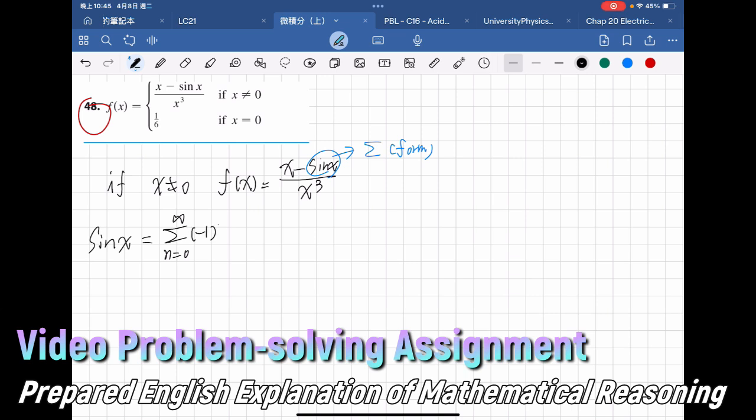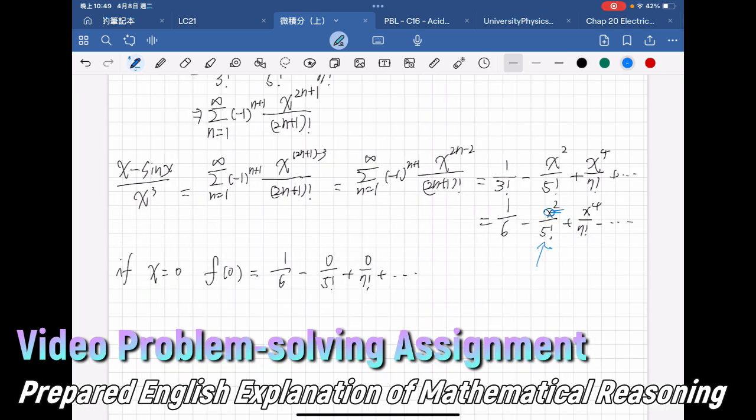If x equals 0, all of this will go to 0. So we can see that f(0) is equal to 1/6.